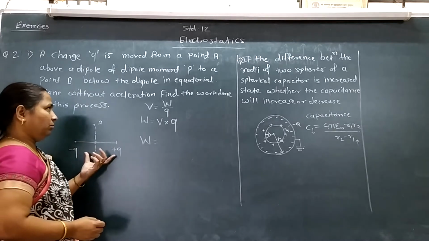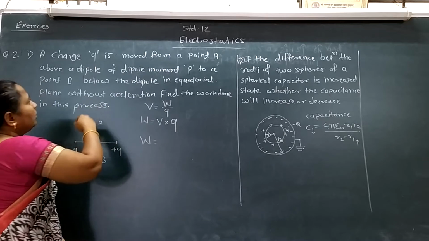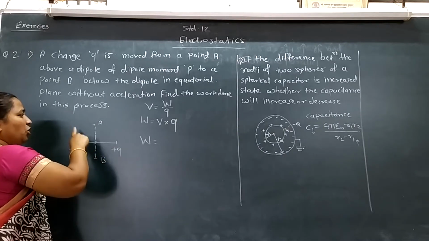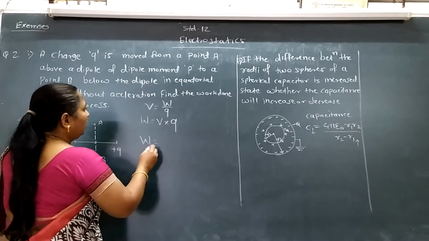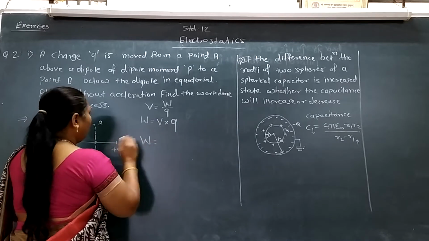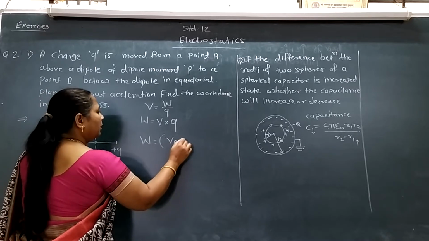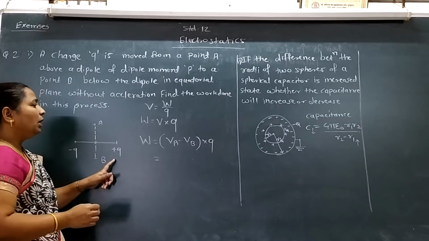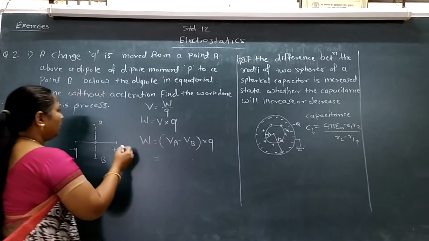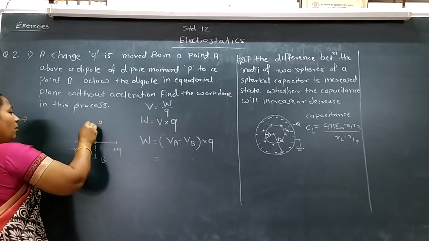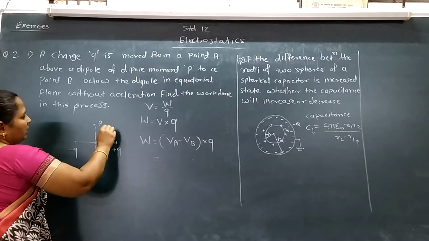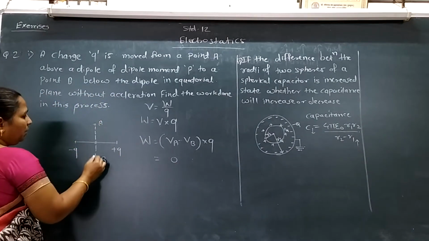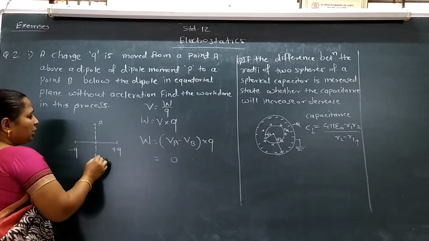When the charge is moved from point A to point B, whether in a clockwise or anti-clockwise direction, the work done is W equal to VA minus VB, into Q. The electric potential on the surface of the electric dipole is such that VA minus VB is equal to 0, because these are equipotential surfaces.